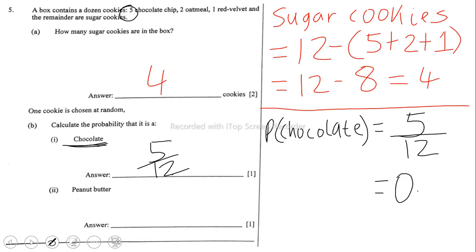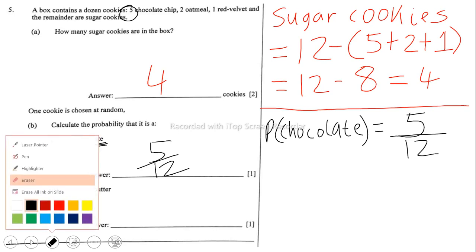You don't round. 0.416 and continuing. Do not write that. I'm just saying it could be represented as a decimal, but I don't recommend that. It can also be written as a percentage, but keep it as a fraction. Fraction is the simplest.